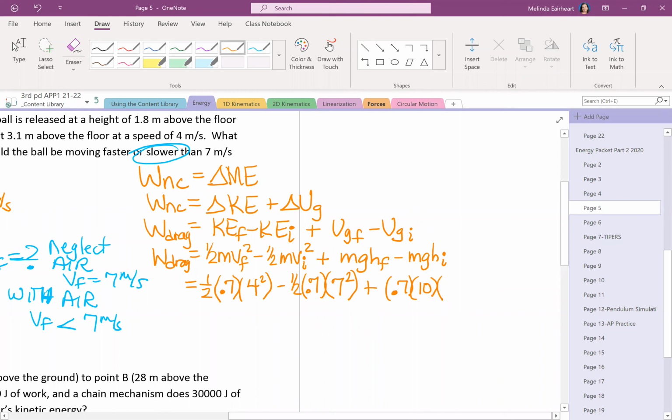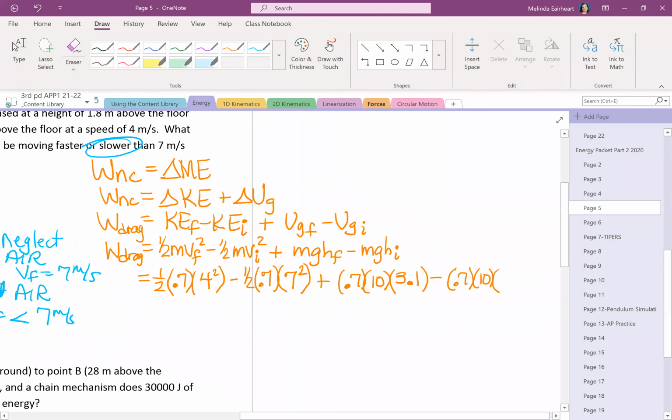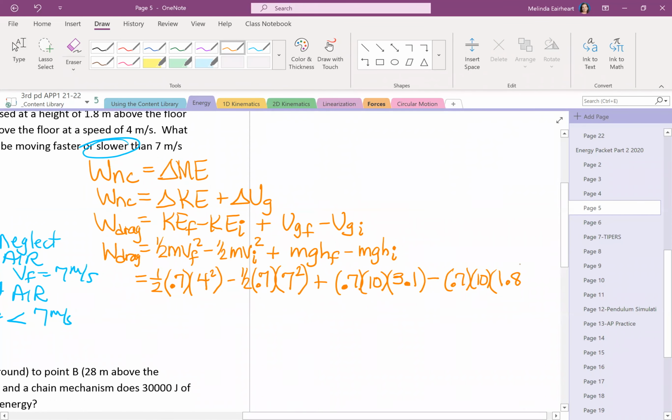Final height, make sure you get final and initial in the right place. Final was at the basket, 3.1 meters. Minus 0.7 times 10. And the initial height is 1.8.